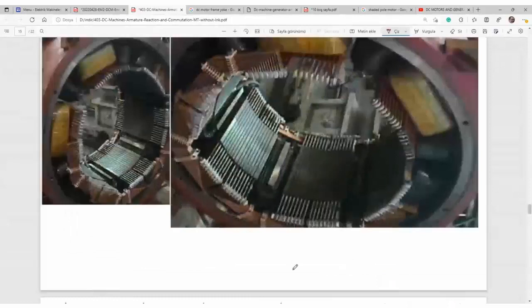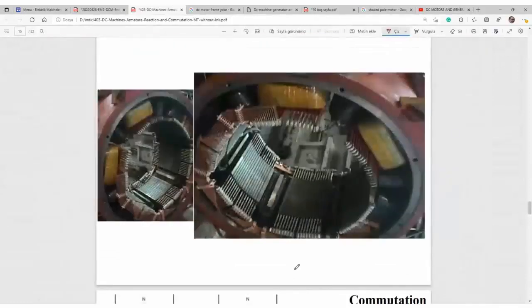Here you see many more compensation windings. Main pole, interpole. Here you see the interpole. Here is the main pole, from here to here, here to here. It is sometimes difficult. Main. That is the auxiliary pole, or interpole. Interpoles.